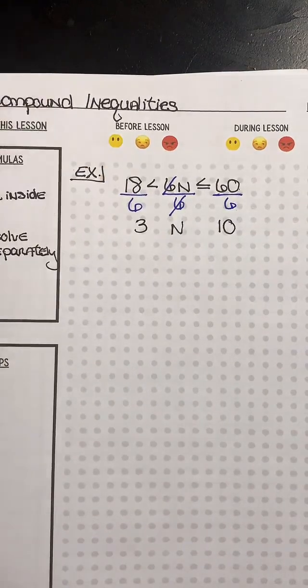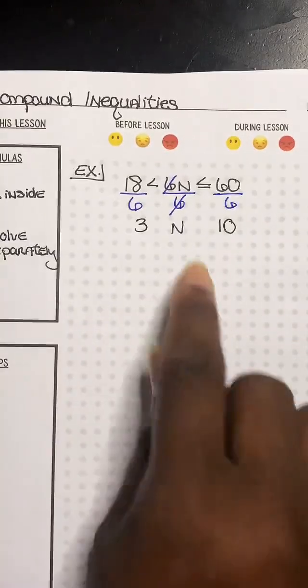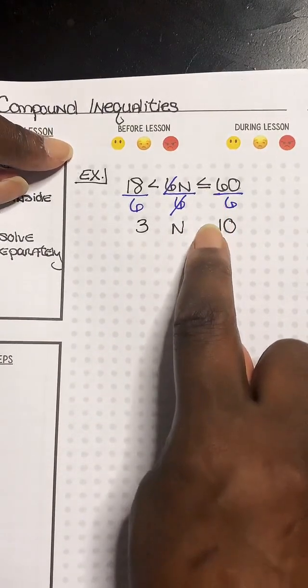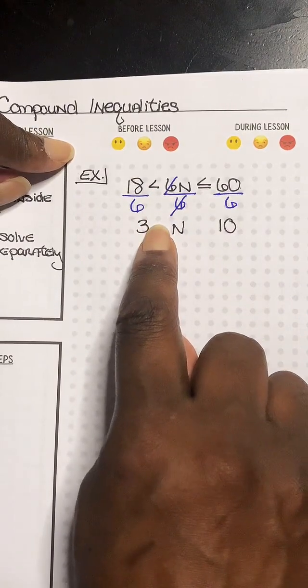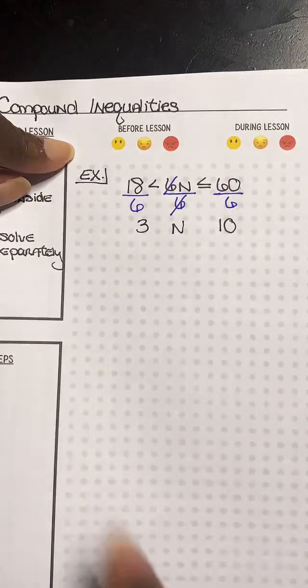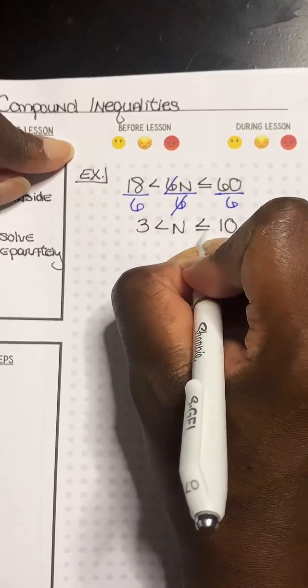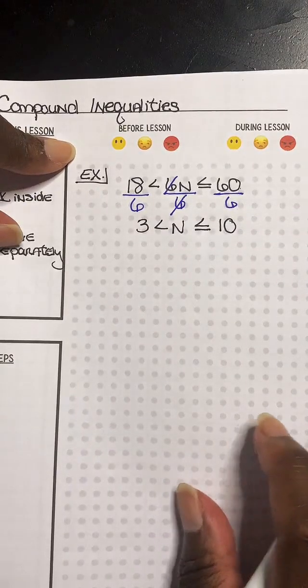And just like I mentioned with these two examples, we're going to keep the direction of the inequality because we're dividing by a positive number. So all I'm doing is bringing down my less than here and my less than or equal to here.